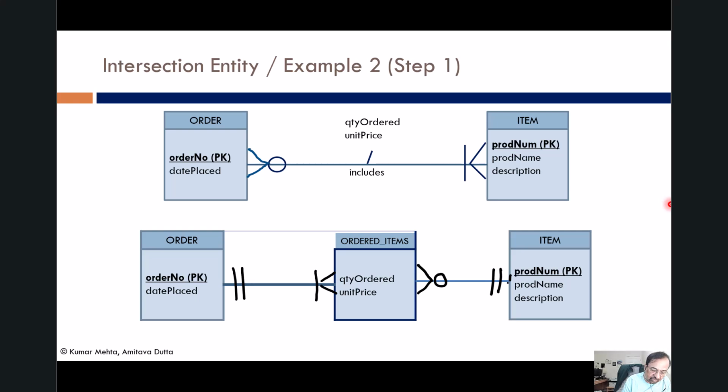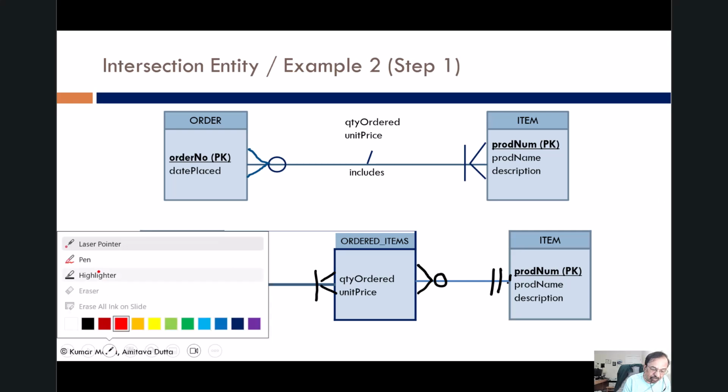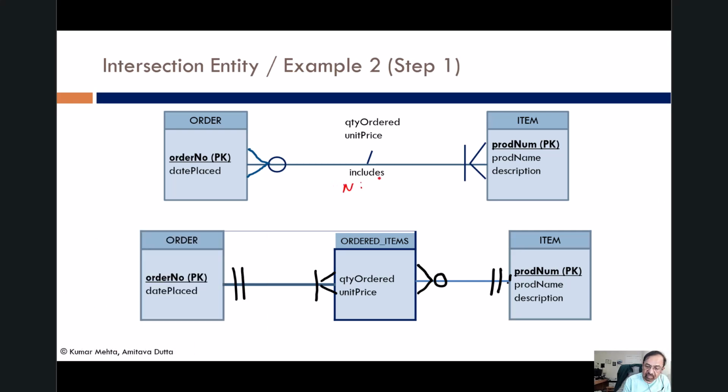So this many-to-many relationship has been broken down into a pair of one-to-many relationships. Okay, so you can see the same transfer. So the minimum and maximum cardinality over here came here, and the minimum and maximum cardinalities came over here.